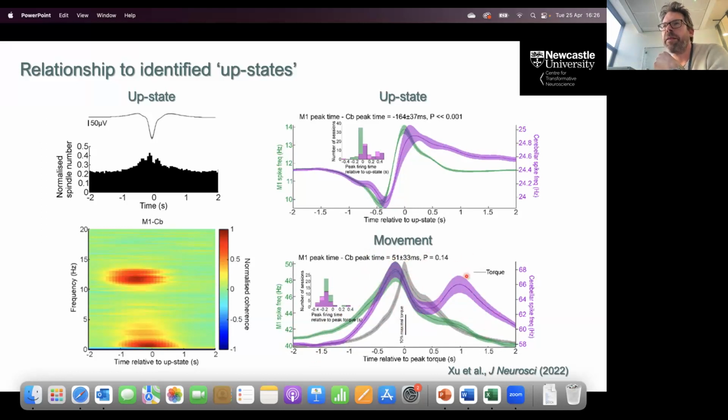Ignore the thing over to the right. This is just the second part of the task that seemed to activate the cerebellum, but not the motor cortex. But at the time of the movement, these areas are active at roughly the same time, possibly even cerebellum a little bit in front of motor cortex, whereas during the night, it seems very much that the motor cortex is driving the onset of the upstate, and then the cerebellar activity is following.